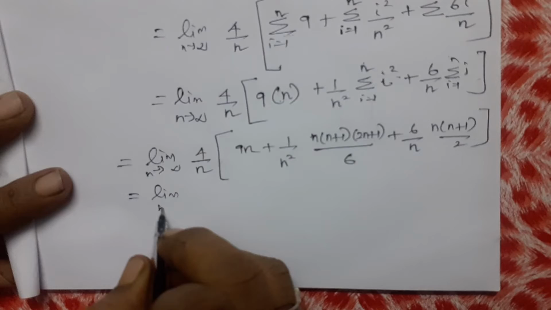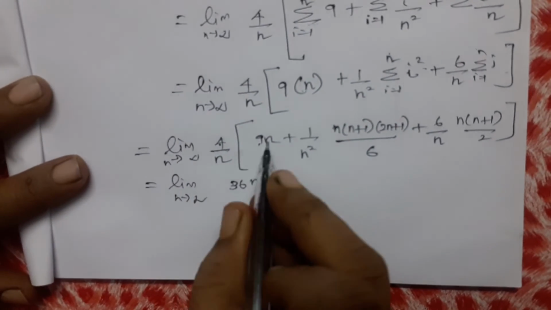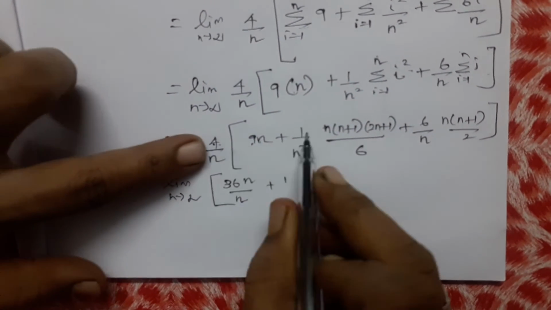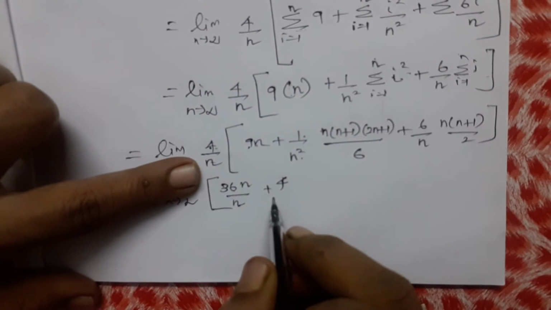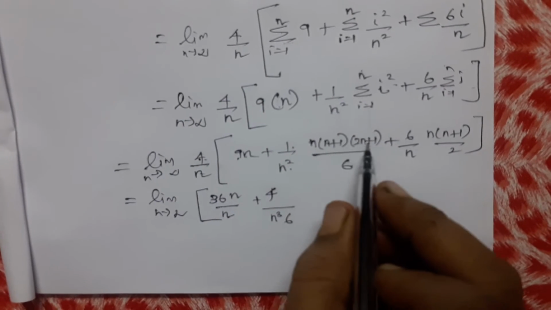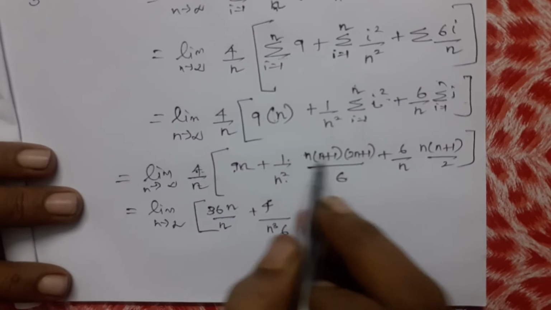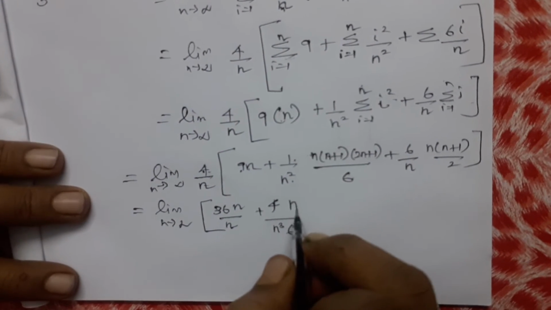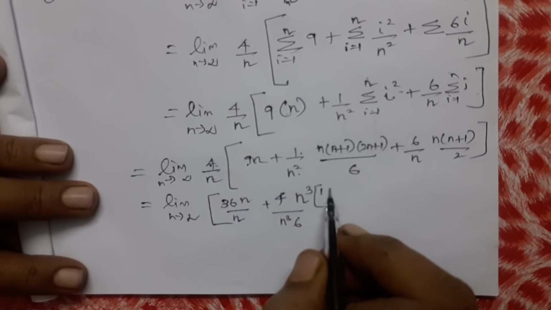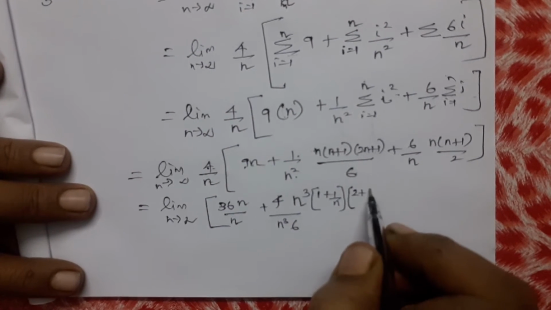Now 4 into 9, 36. Here we have n and in the denominator we have n, and 4 into 1, which is 4, over n into n, n cube. We have 6 also here, and from each term let me take n outside. Already we have n. From here let me take 1 n. From here also let me take 1 n, so that I get n cube. When I take n from here, I get 1 plus 1 by n, and from here 2 plus 1 by n.